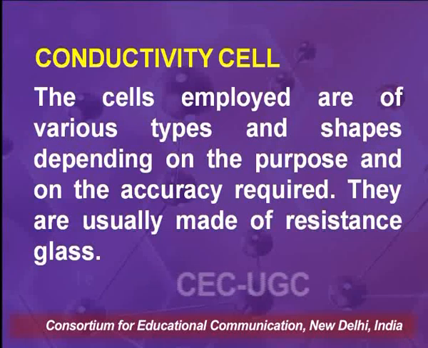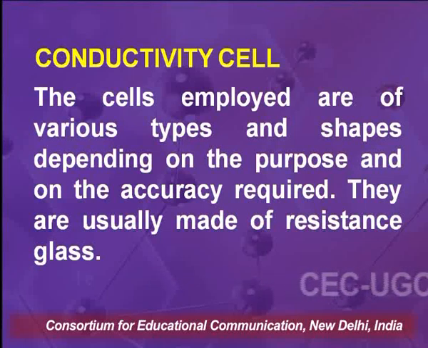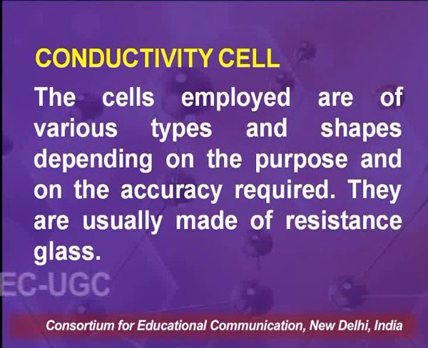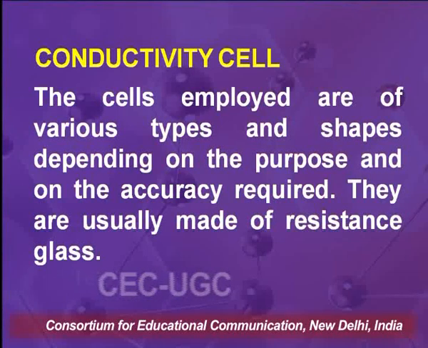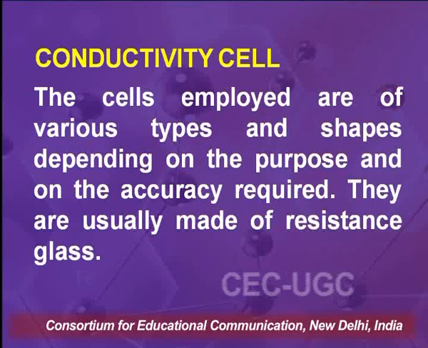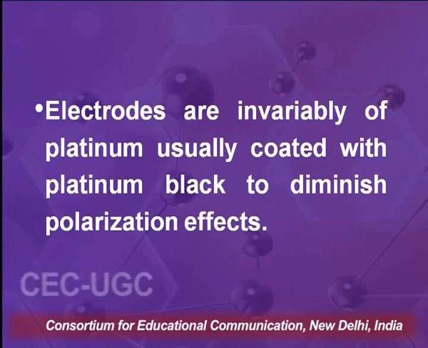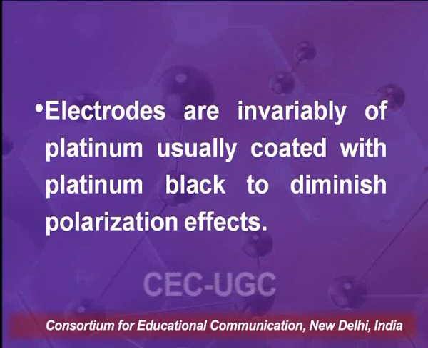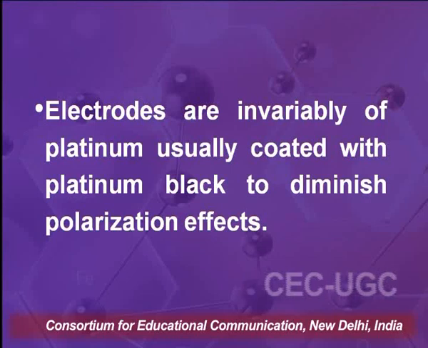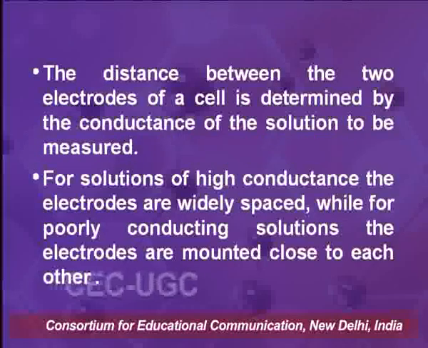Conductivity cell. The cells employed are of various types and shapes depending on the purpose and on the accuracy required. They are usually made of resistance glass. Electrodes are invariably of platinum, usually coated with platinum black to diminish the polarization effects.